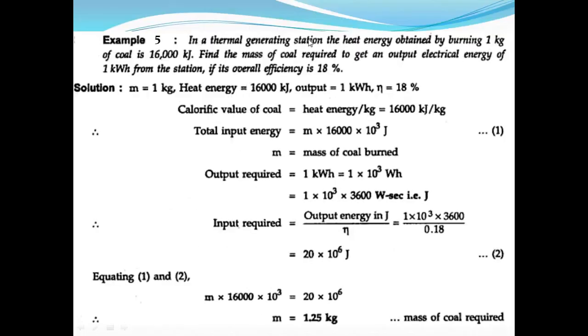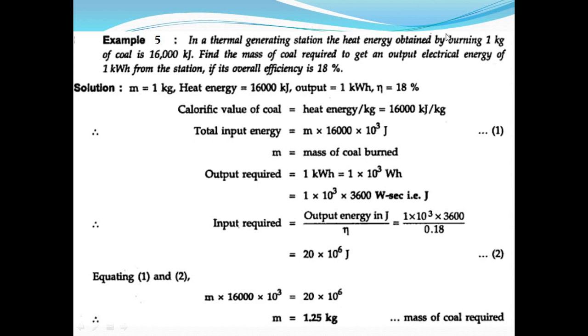Now the next type, this is based on calorific value. In a thermal generating station, the heat energy obtained by burning 1 kg of coal is 16,000 kilojoules. Now this 16,000 kilojoules is nothing but the calorific value, because what is the definition of calorific value?